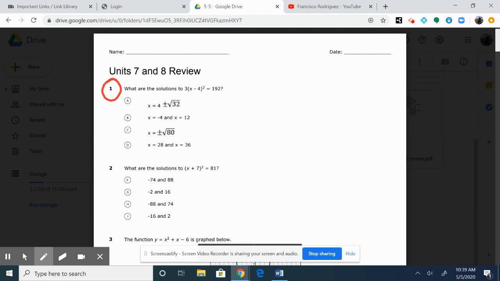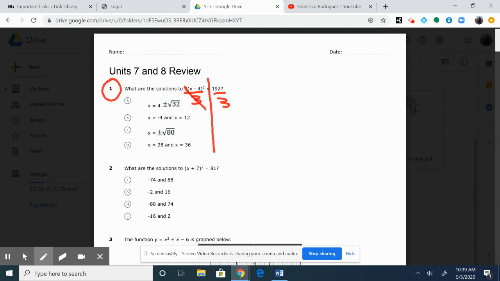So with a question like this, I guess we never really went over much of this, but if you solve it, we're going to go ahead and solve this like a regular equation. So the first thing we want to do is divide both sides by 3, so we cancel out that 3 and leave (x minus 4) squared by itself.